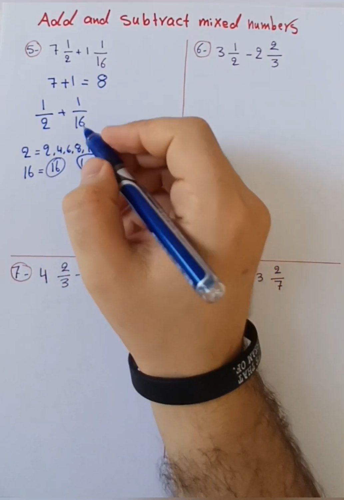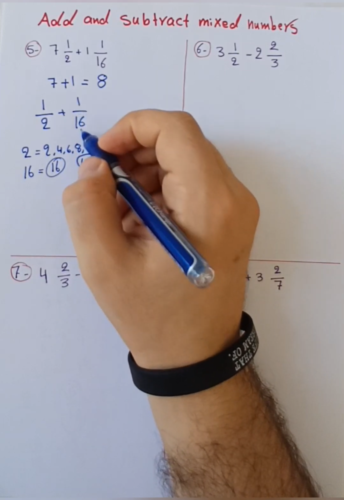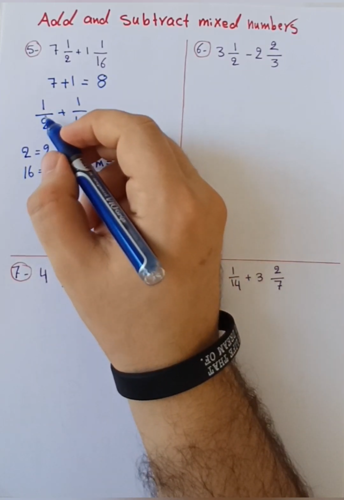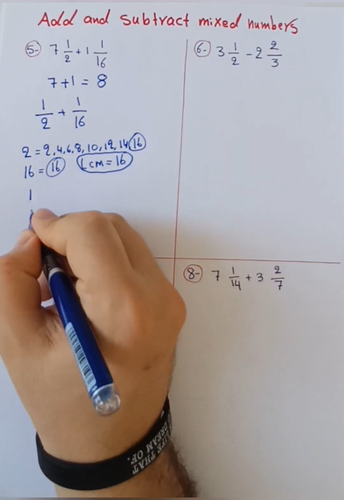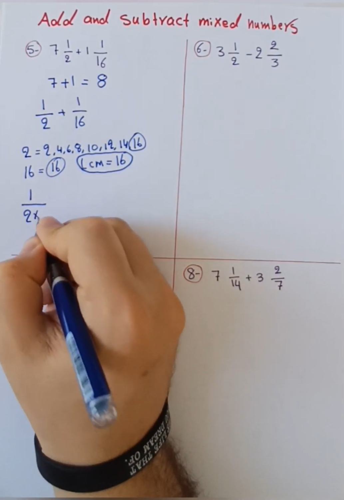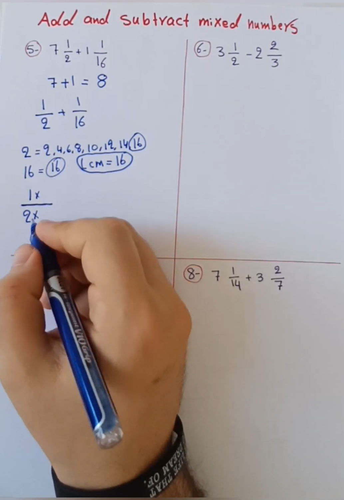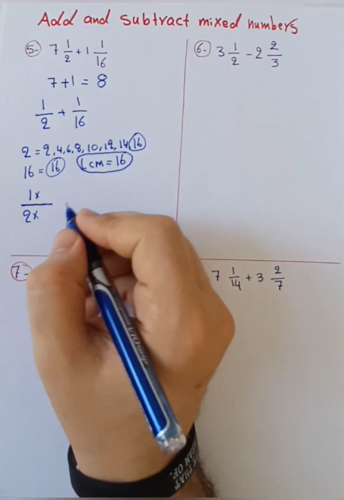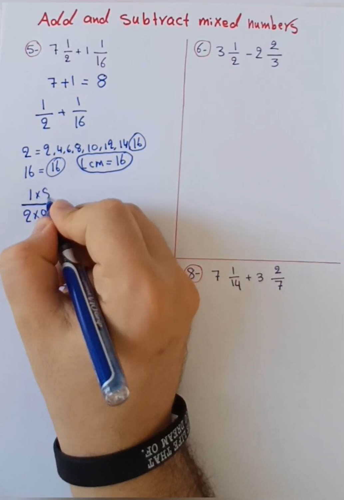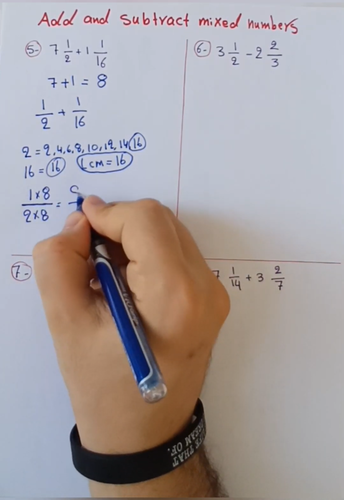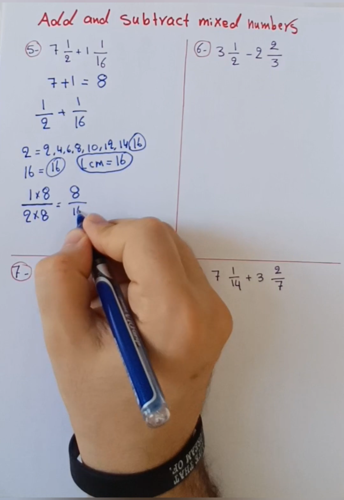After that, we have to look at the denominators. The fraction with 16 doesn't need to be changed, but the first fraction, 1 out of 2, we have to change the denominator by multiplying. We have to think, 2 multiplied by which number equals 16? By 8. 1 times 8 is 8 and 2 times 8 is 16.